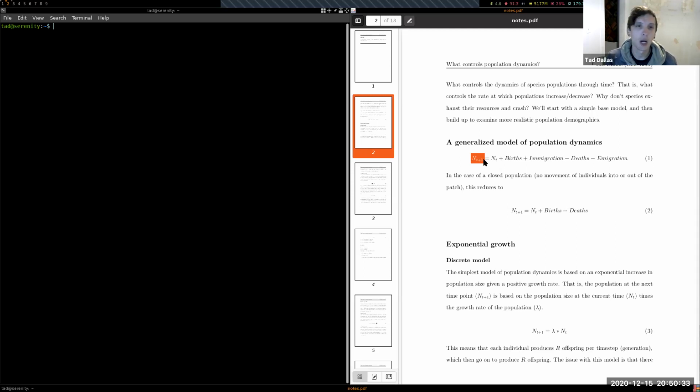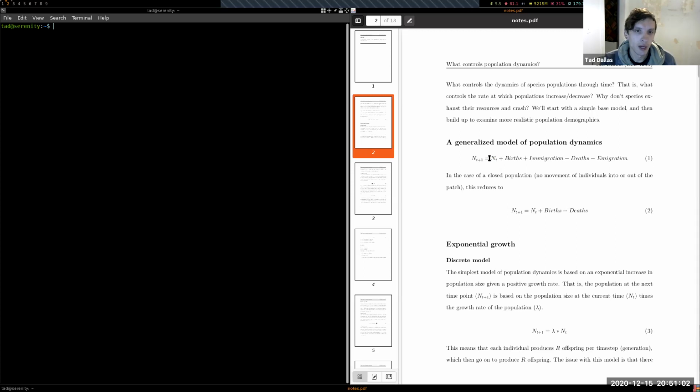So we have some number N of individuals in a population. And these are individuals at time t+1, meaning they're 1 time step in the future. And so this is saying what controls the number of individuals in a population in the next time step, tomorrow, next week, next generation. So that time scale can vary.